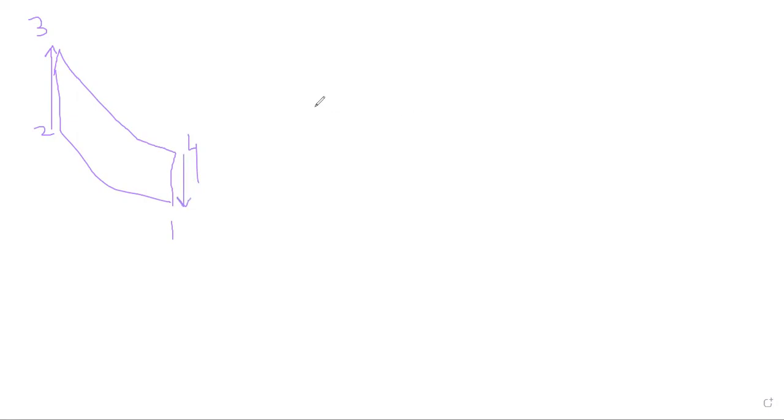So we can consider then that the efficiency is 1 minus, we said we consider delta T between 4 and 1. So we'll take the absolute value, so T4 minus T1 over T3 minus T2. Okay.